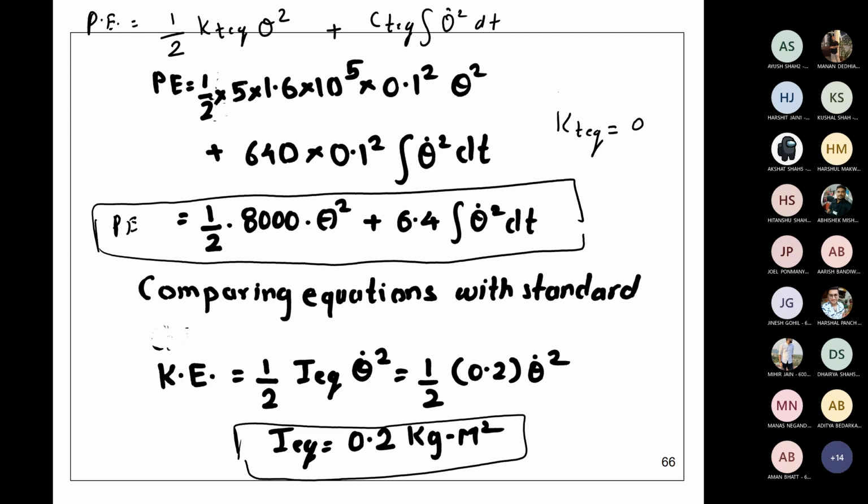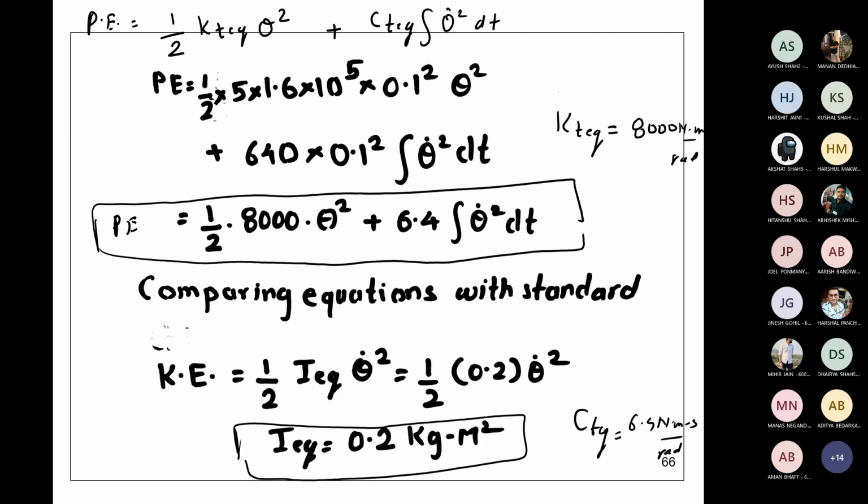8,000. Units, Newton meter per radian. And what is the C torsional equivalent? Just compare the two equations. 6.4 Newton meter second per radian.